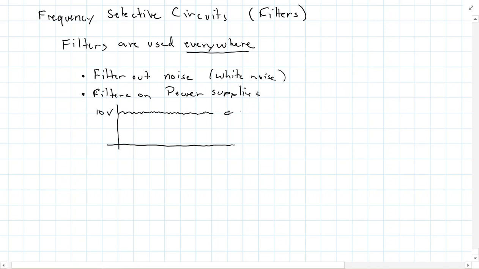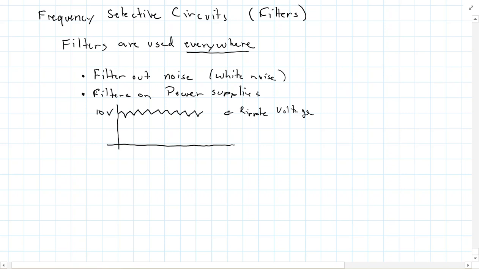what's called ripple voltage. And actually, let me redraw that. I'm going to exaggerate it, but let me redraw it to make it a little bit more precise. And it actually is probably a sine wave as opposed to a triangle wave, but the idea is that it's a ripple voltage here, so it's not actually staying at 10 volts.